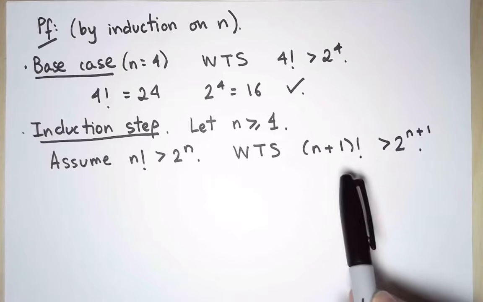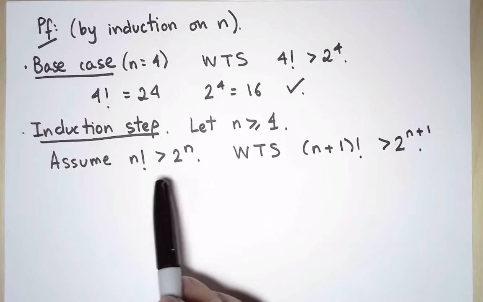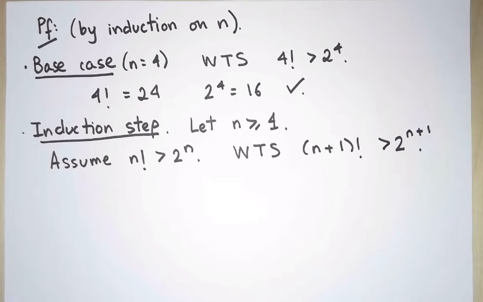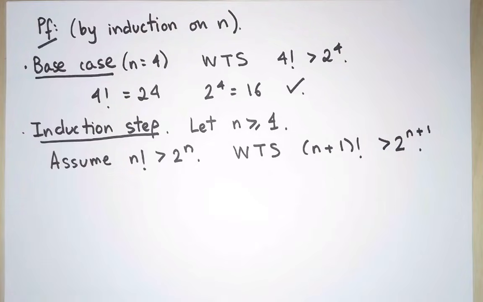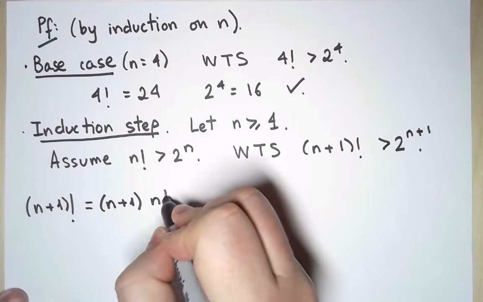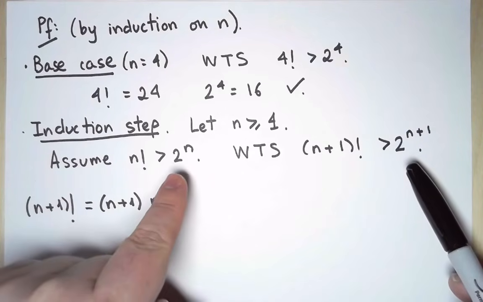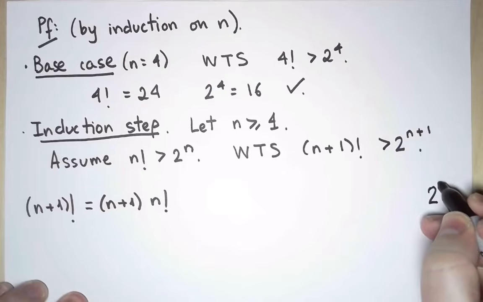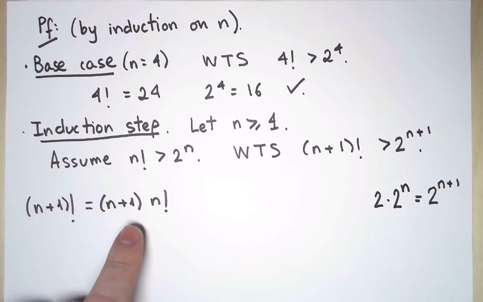Now, how do I prove this inequality when the only thing I'm allowed to use is this other inequality? I know how to relate n plus 1 factorial with n factorial, because n plus 1 factorial is n plus 1 times n factorial. And I also know how to relate 2 to the n plus 1 with 2 to the n, because 2 to the n plus 1 is 2 times 2 to the n. I am trying to prove that this is greater than that.